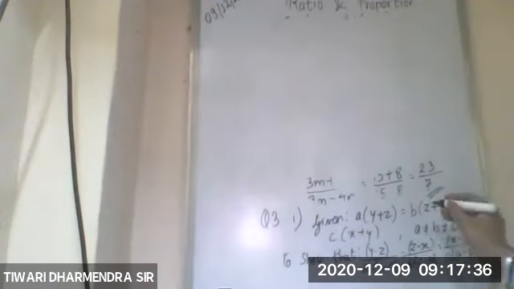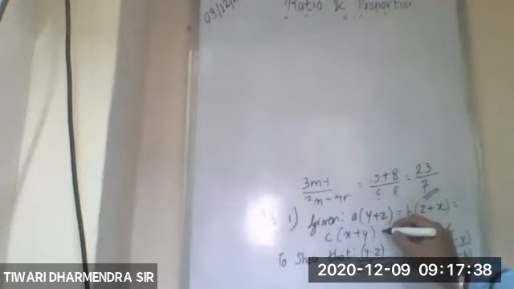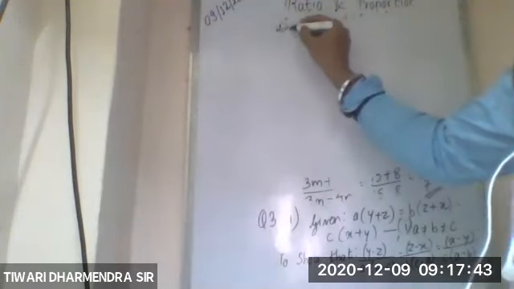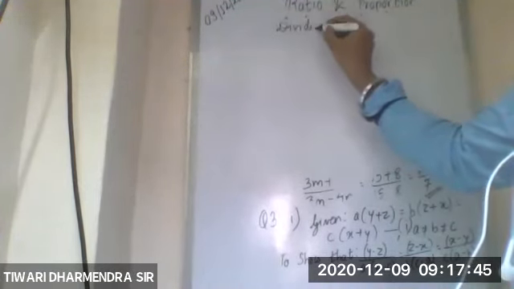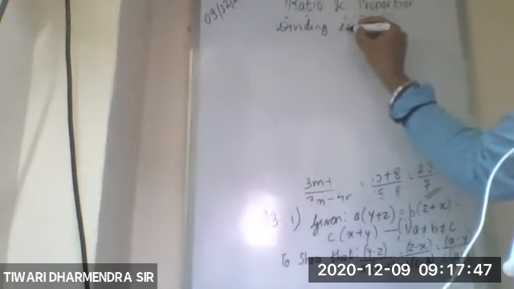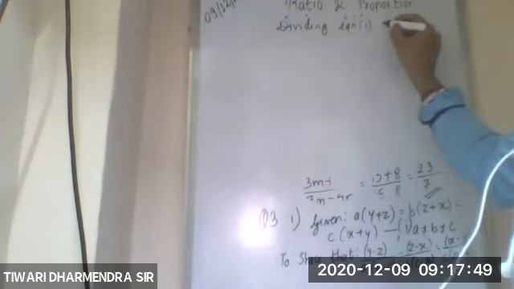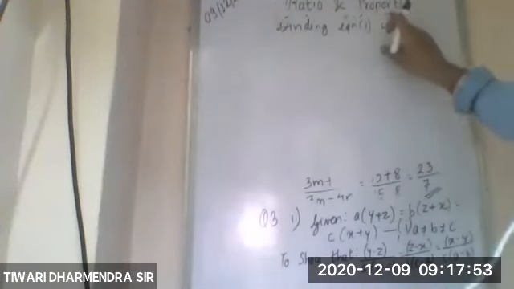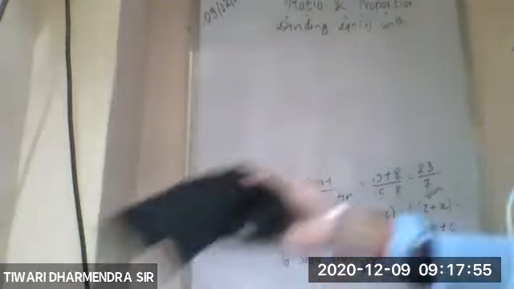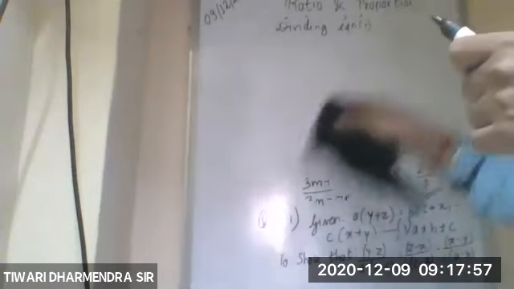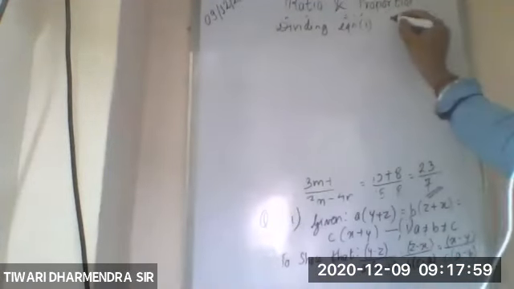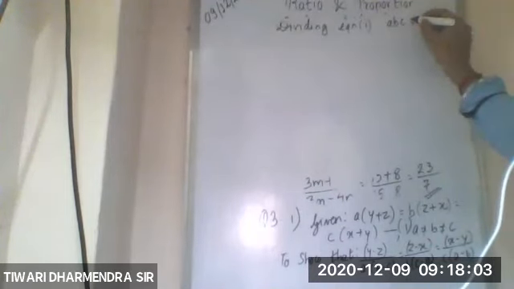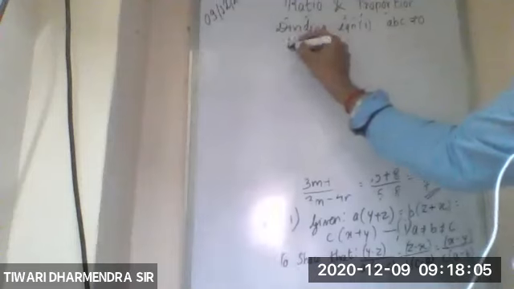So this given part is my equation number 1. Dividing equation 1 by ABC throughout, since ABC is non-zero.